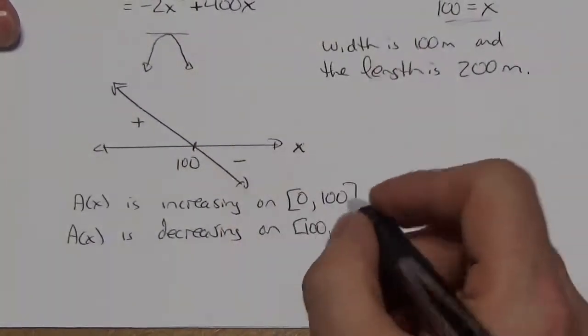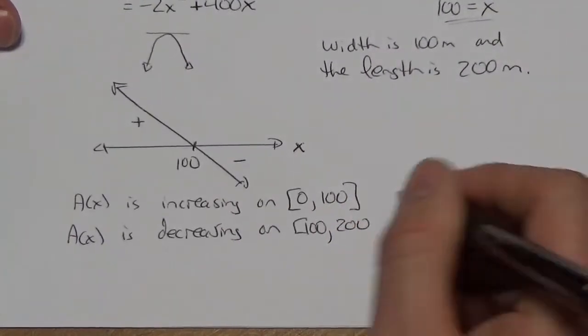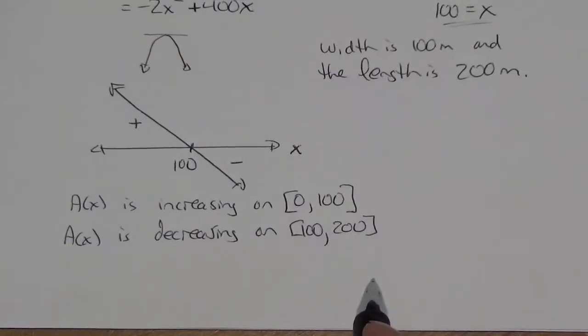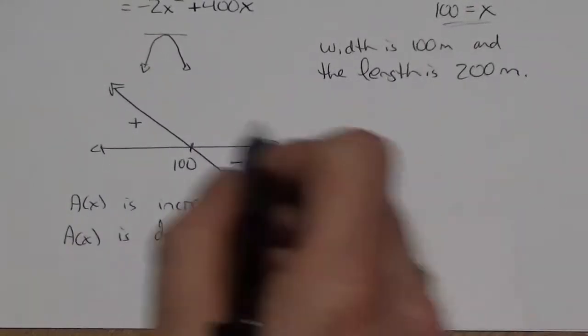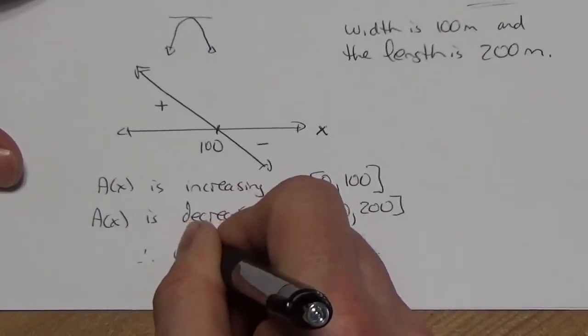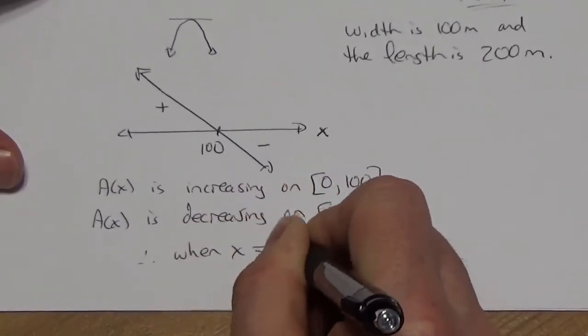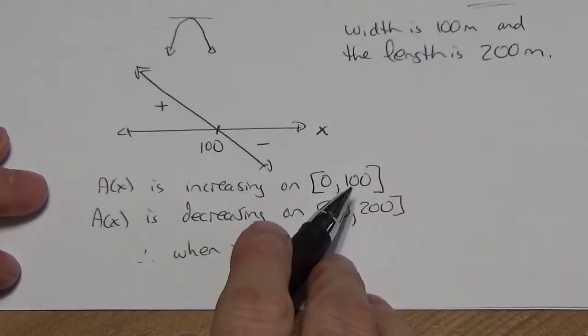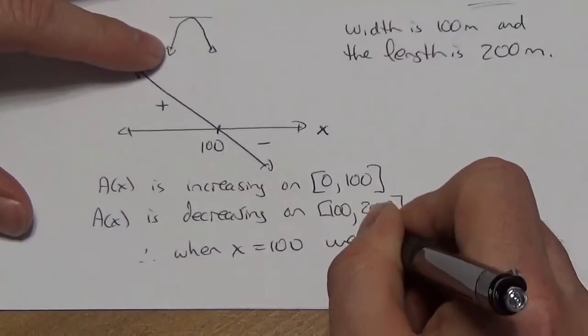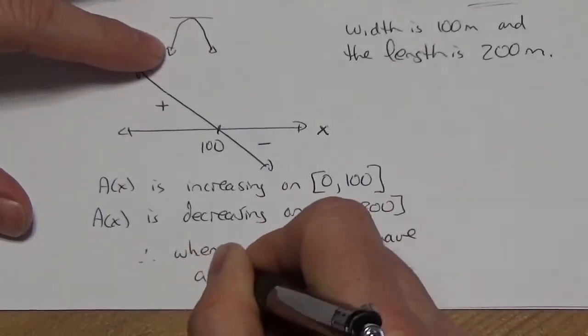So I come out 200, go back 200. So that is basically as good as it's going to get. Now, again, that's kind of a ridiculous answer, but that's okay. The whole purpose of this little bit right here is to demonstrate, therefore, when x is equal to 100, because I increase to 100 and then decrease after 100, when x is equal to 100, we have a maximum.